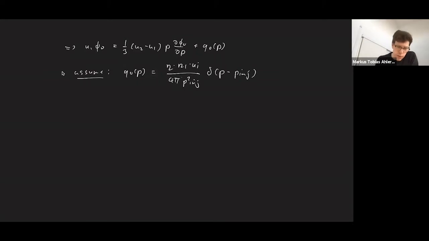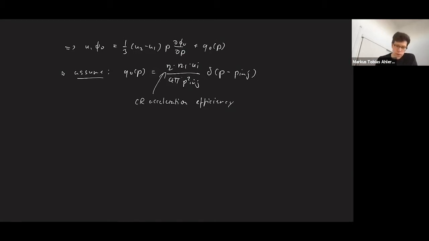So the reason for this prefactor that I introduced here is the following. Eta is going to be the cosmic ray acceleration efficiency. This is a parameter that is maximally 1 for maximal efficiency, but in general it will be smaller than 1.